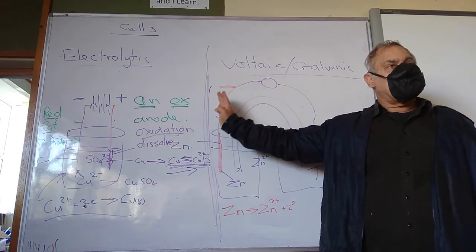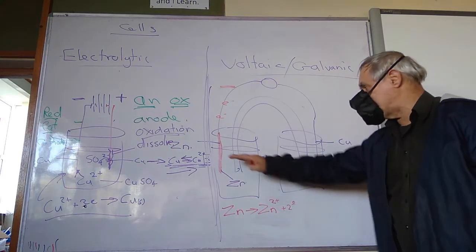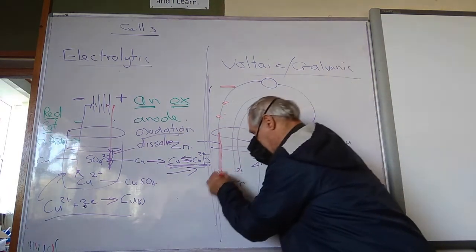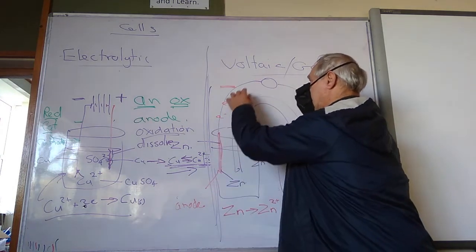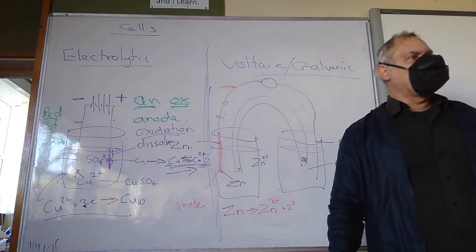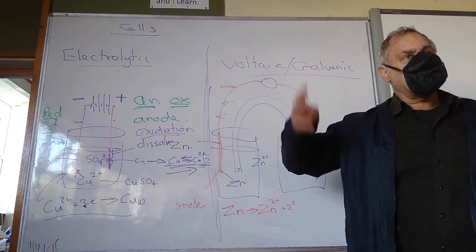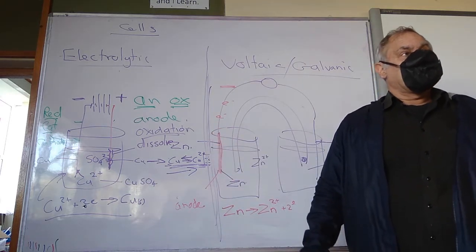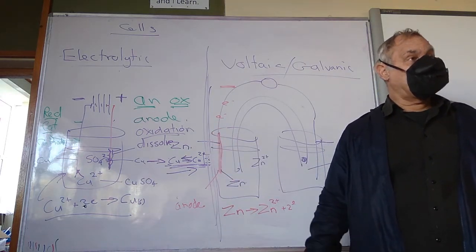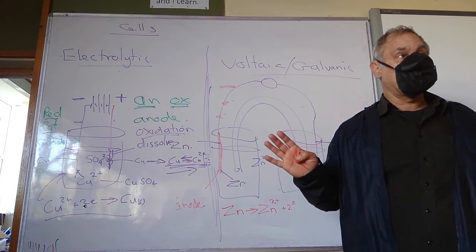So do you see now, this is oxidation, but this is therefore the anode. But look at it, it's the negative electrode, because zinc is dissolving and giving off electrons, turning the electrode negative. Tamika, does that make sense at all?